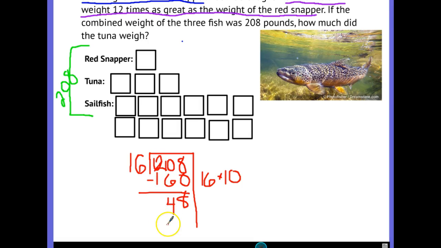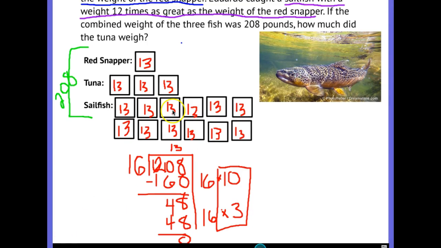And 1 minus 1 is 0, so don't have to worry about that. Alright, now I'm going to move on to my last step here, 16. How many more groups of 16 can I take away? Just so happens I can take away exactly 3 groups of 16, which equals 48. So I will have a remainder of 0. I'm going to add together my partial quotients to get my final quotient, and that will be 13.